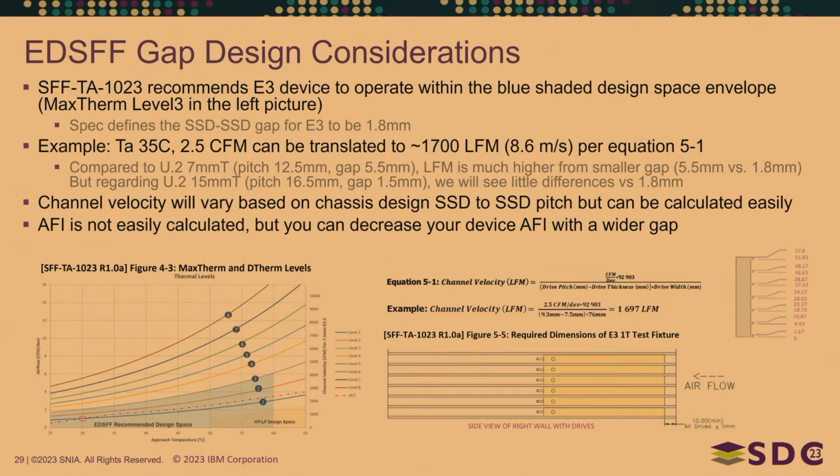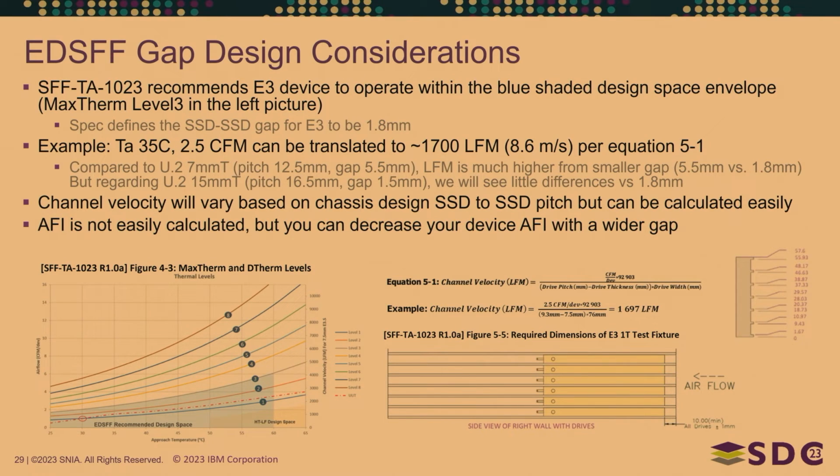So comparing to a 7 millimeter U.2 device where you typically have a pitch of 12.5 millimeters and a gap of 5.5 millimeters, the LFM is much higher for the smaller gap than the larger gap. But if you're looking at a 15 millimeter U.2 device, the pitch is 16.5 millimeters and the gap is 1.5 millimeters.